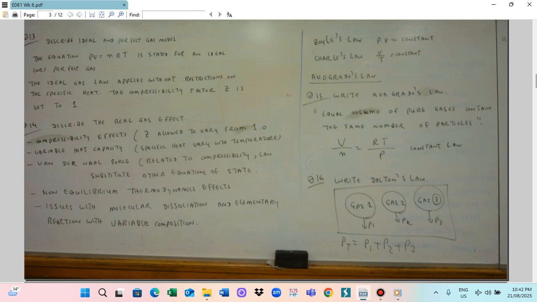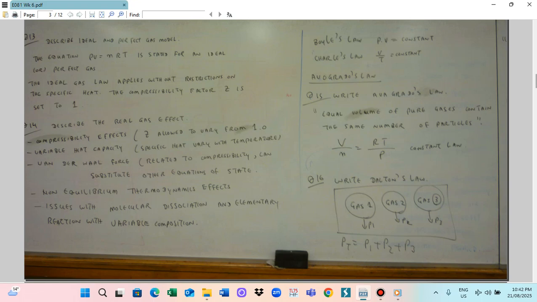When we use the multiple gas, this is Avogadro's definition. It describes the gas in a container in which pressure and temperature are constant. So in this case, V by N is a constant. So this is for the Avogadro law.